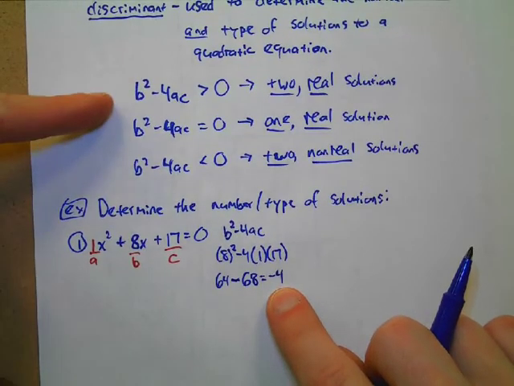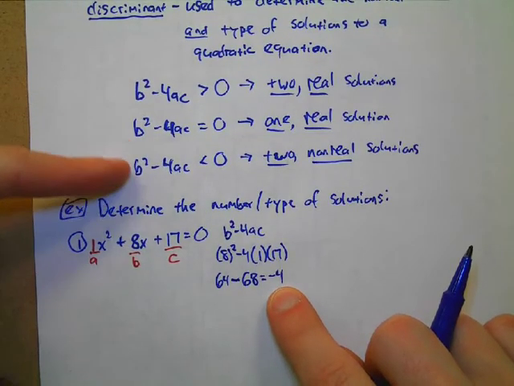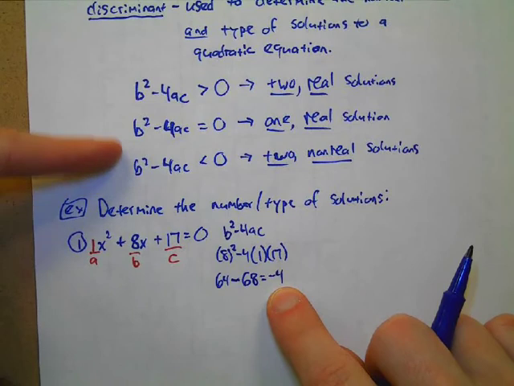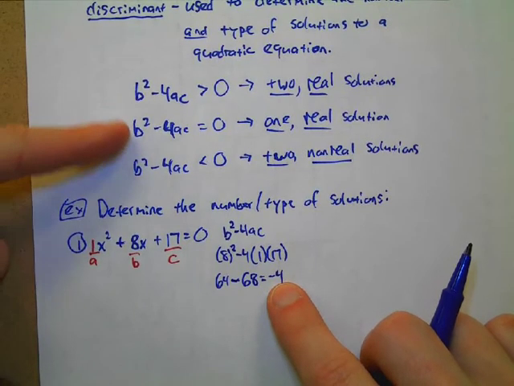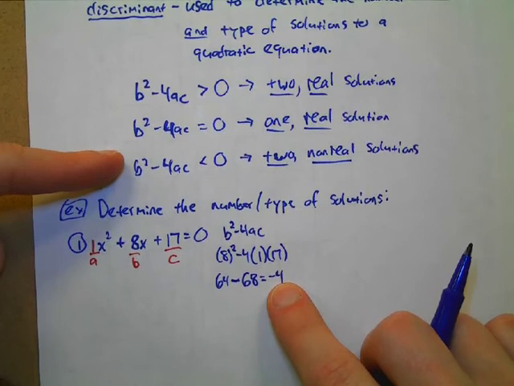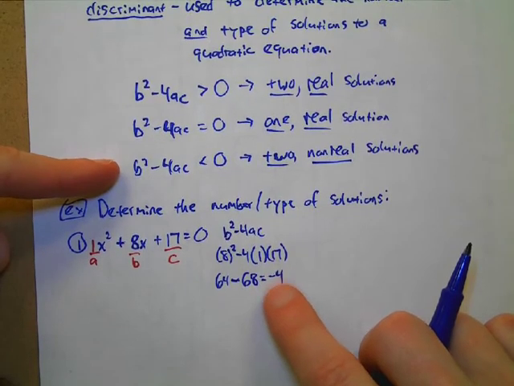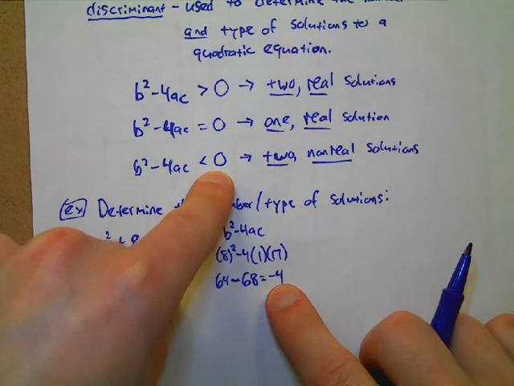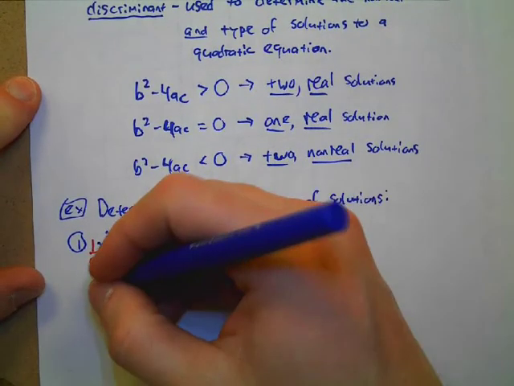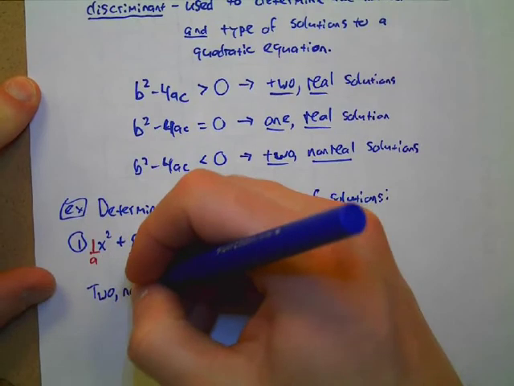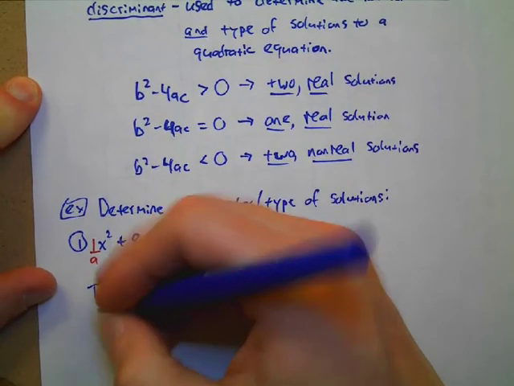Which one of these three options does our discriminant fall into? Is it 2 real solutions? Is it 1 real solution? Is it going to be 2 non-real solutions? Okay, right. Our discriminant here is negative, which is less than 0. So we're going to have 2 non-real solutions.